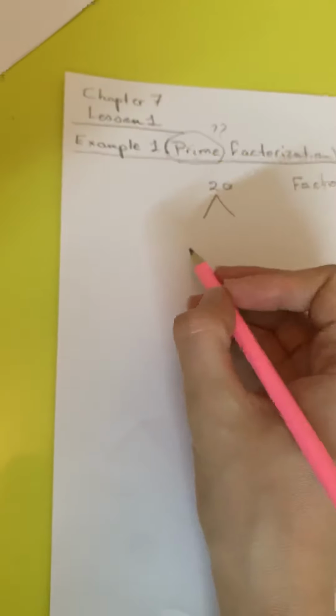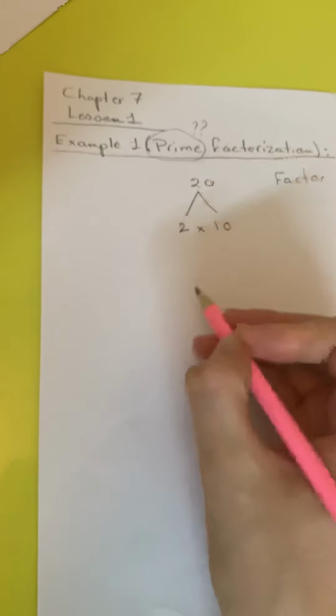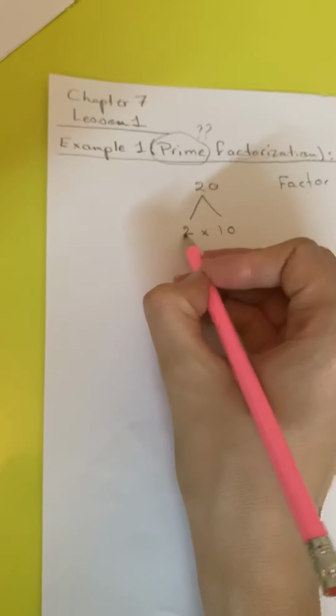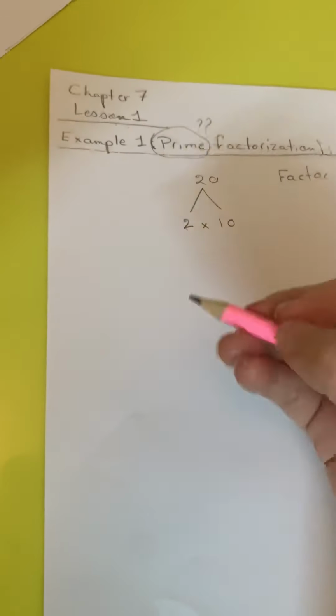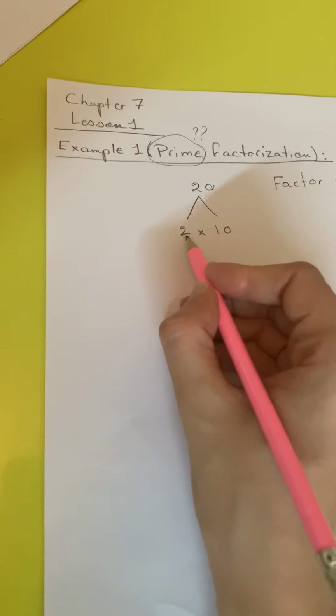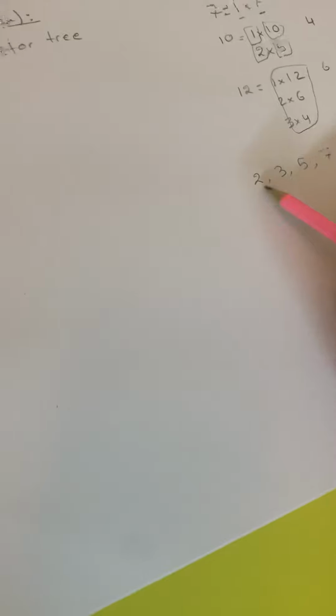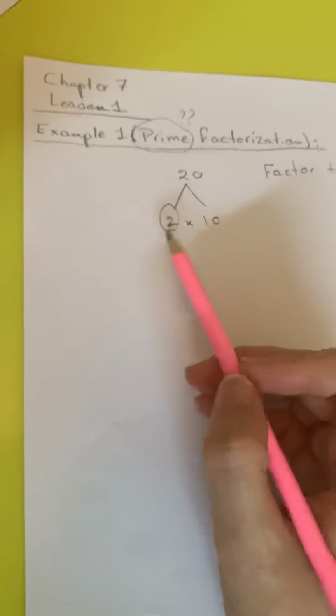For example, 20: I can write it as 2 times 10. Now, 2: can I break it more? No, because 2 is a prime number. It's one of the prime numbers, so I cannot break it anymore.